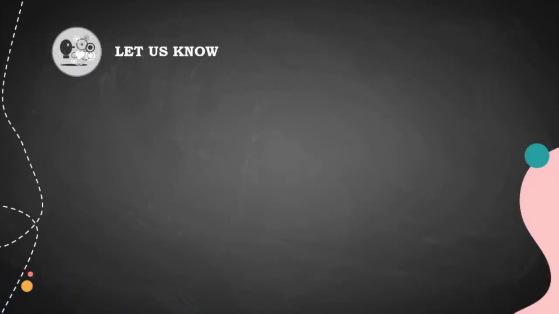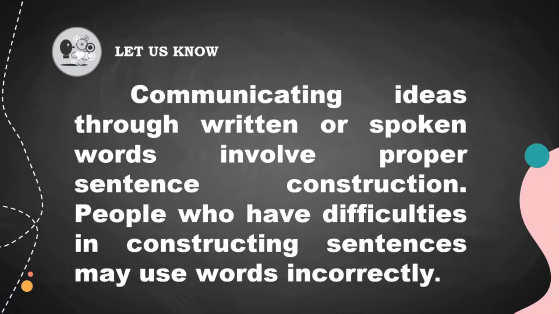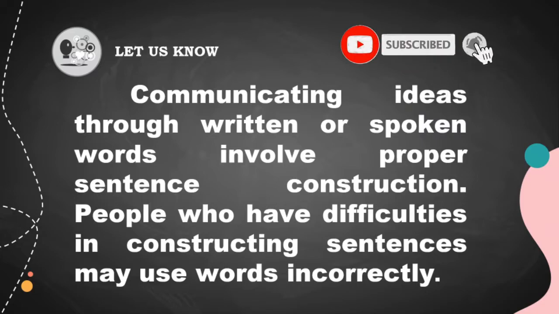Okay, so let us know. Communicating ideas through written or spoken words involves proper sentence construction. People who have difficulties in constructing sentences may use words incorrectly. That's why knowledge about communicating is very important whenever we communicate with someone, in written or in spoken words.